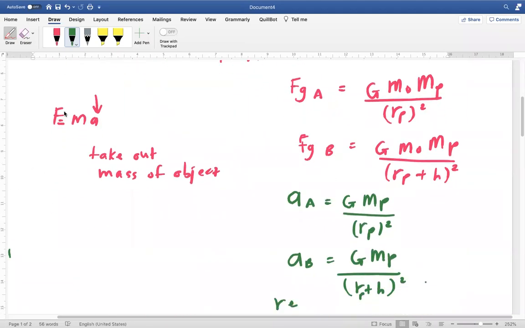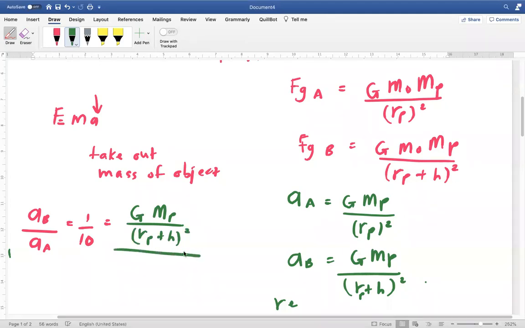So according to the question, it's asking for aB over aA is 1/10. And we know the equation to this is this guy over here. So I'm just going to put that in. G MP over RP plus H squared divided by acceleration at A, G MP over RP squared.